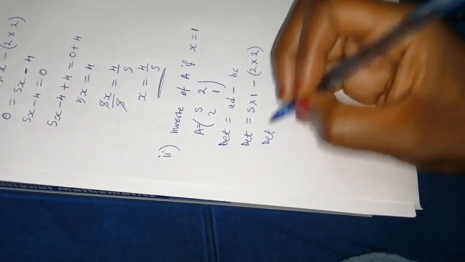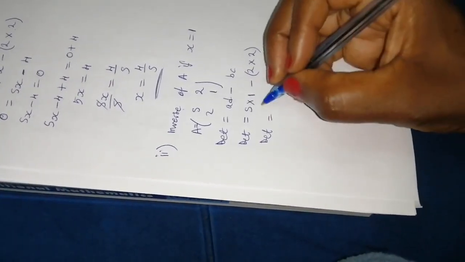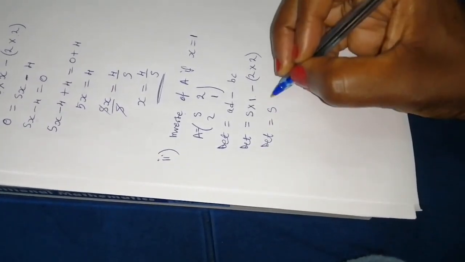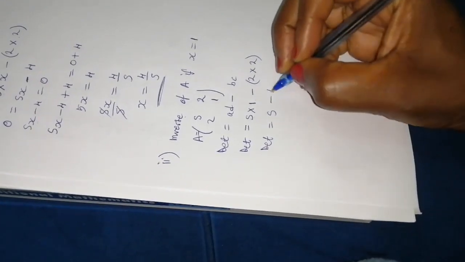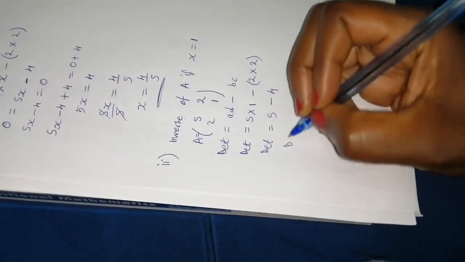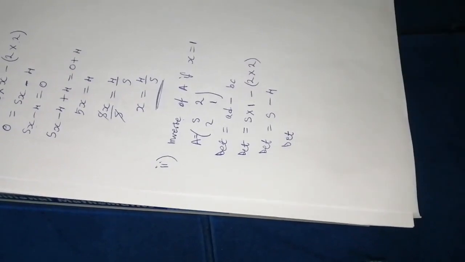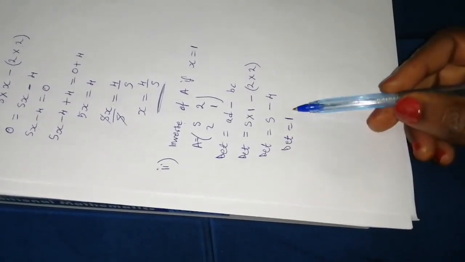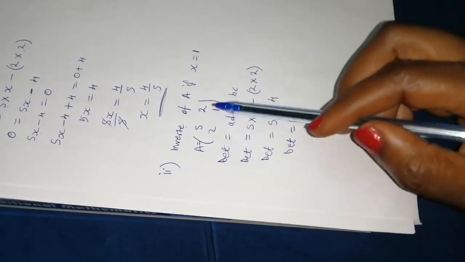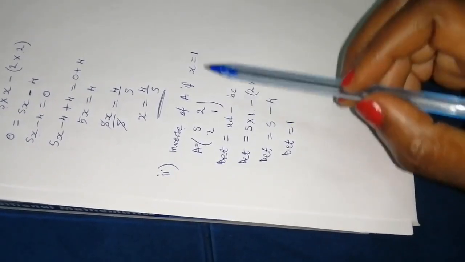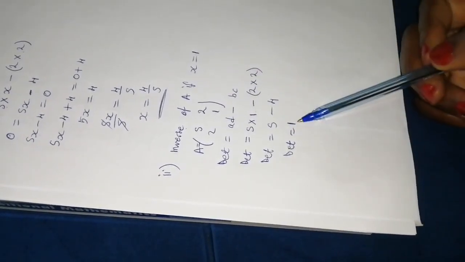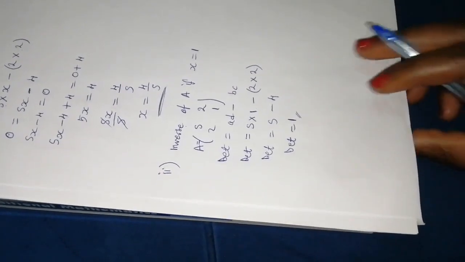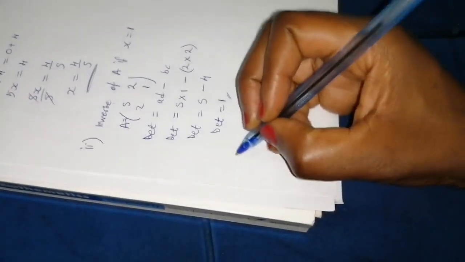So determinant is equal to 5 times 1 is 5, 2 times 2 is 4. So 5 minus 4 will give us 1, meaning the determinant is 1. When x in matrix A is 1, then the determinant is 1. Now we can find the inverse.